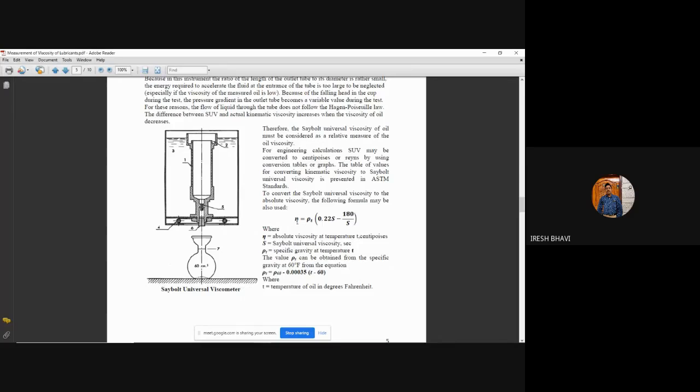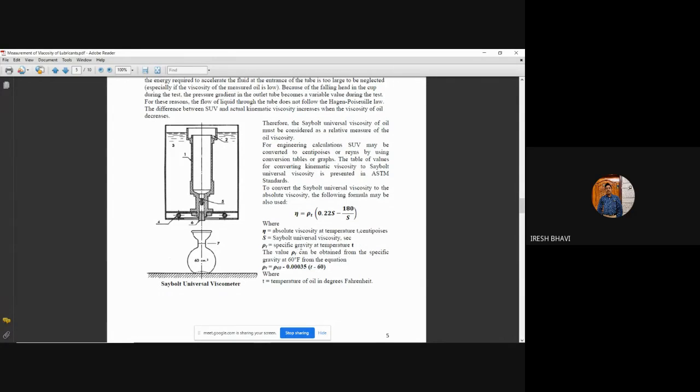Whatever absolute viscosity you get will be in terms of centipoise. In the last class and also in the notes, I have given the conversion factor for absolute viscosity from centipoise to Pascal second. By using that conversion factor, you can convert this absolute viscosity from centipoise to Newton second per meter square, that is Pascal second.